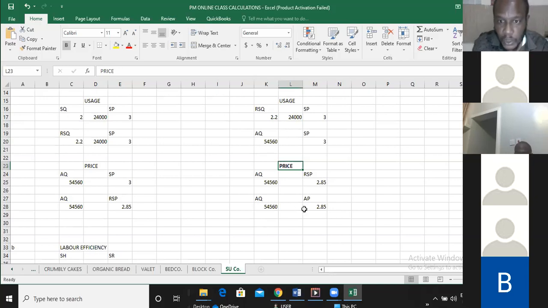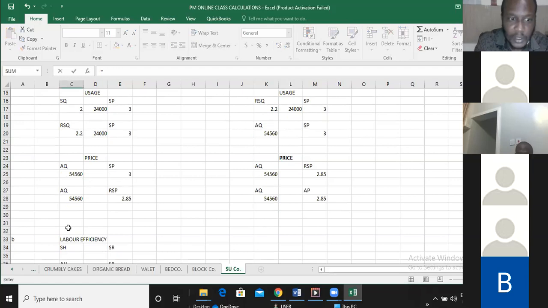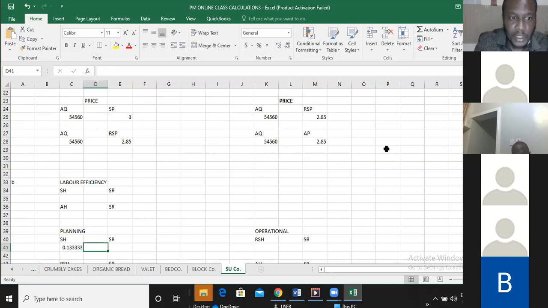So we can do our labor if we wanted. Our standard hour, let's just be sure that we have everything so that we can come and tidy this up. Standard hour, we go up. So standard rate, standard hour of actual production. So our actual production, this is where your ability to remember everything now comes in.